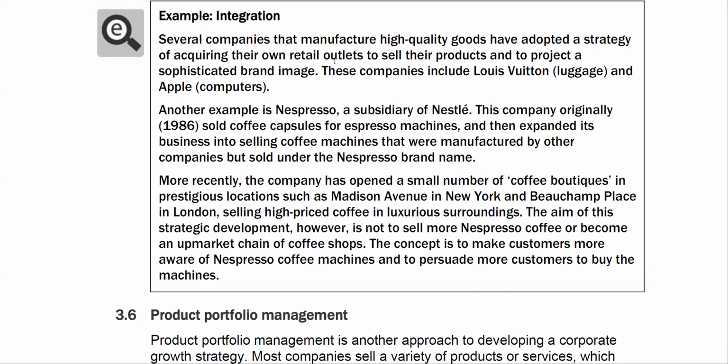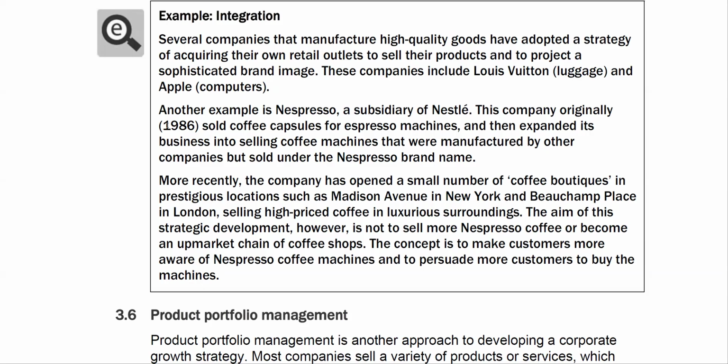Now, several companies that manufacture high quality goods have adopted a strategy of acquiring their own retail outlets to sell their products and to project a sophisticated brand image. These companies include Louis Vuitton and then Apple, right? Another example is Nespresso, a subsidiary of Nestle.